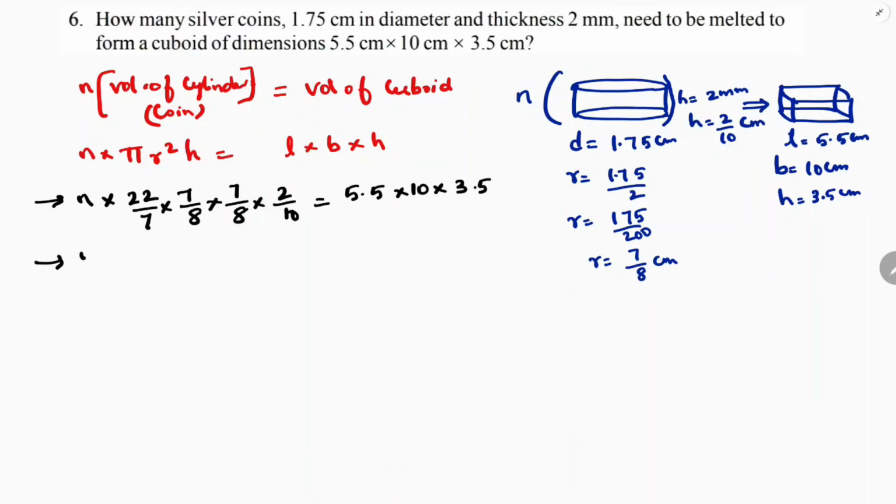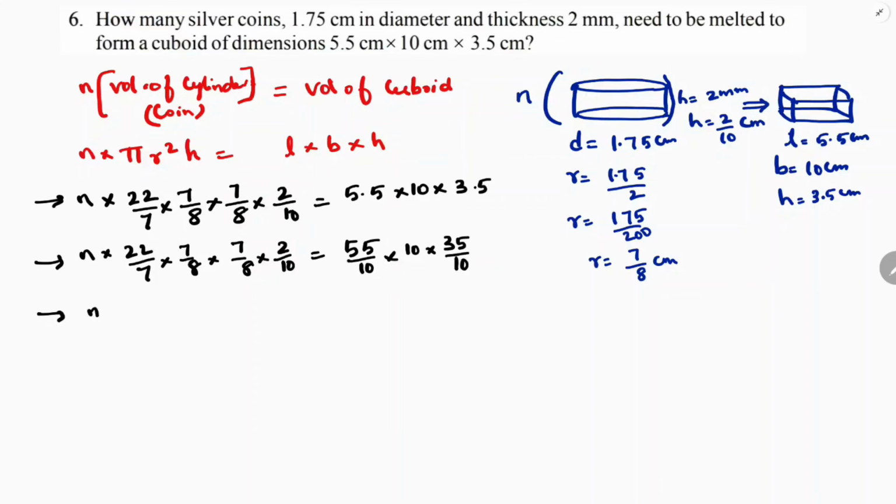So here N into 22 by 7 into 7 by 8 into 7 by 8 into 2 by 10. If I take out the decimal here, 55 by 10 into 10 into 35 by 10.